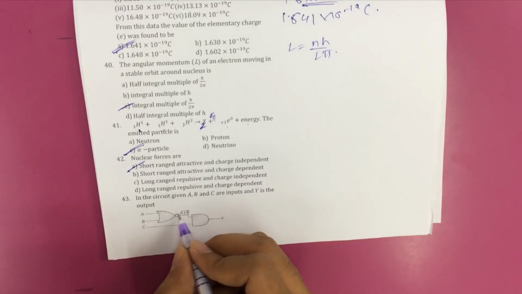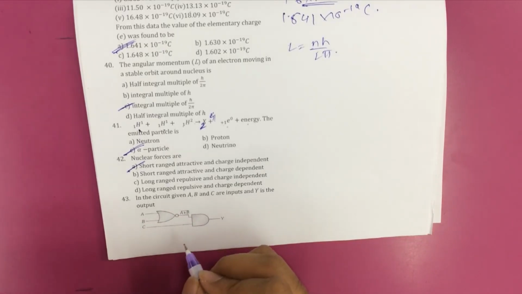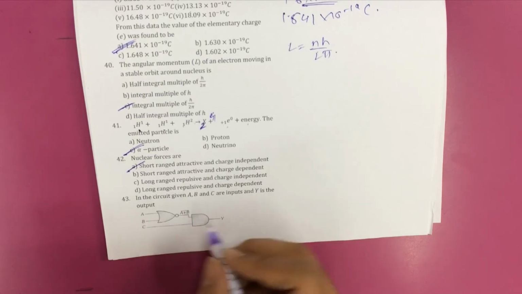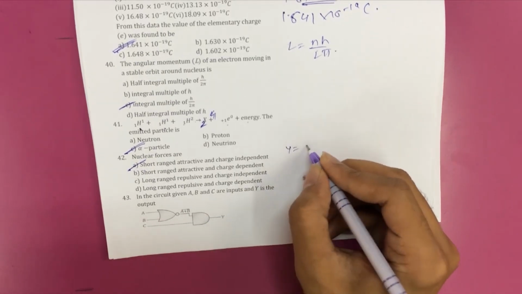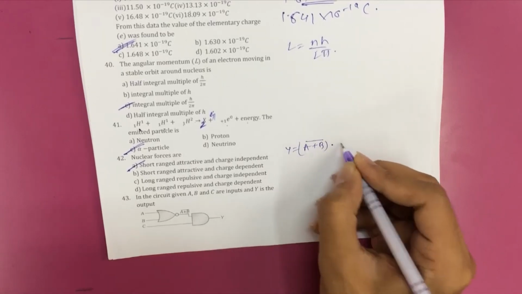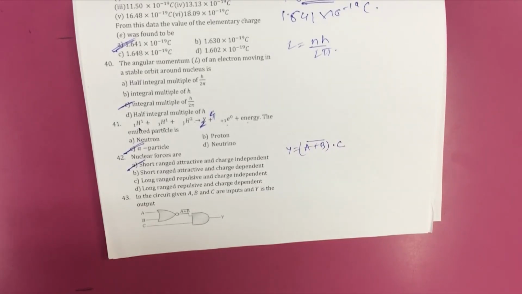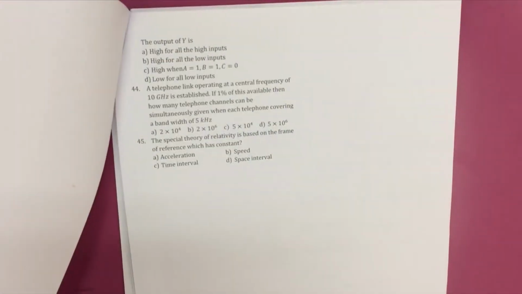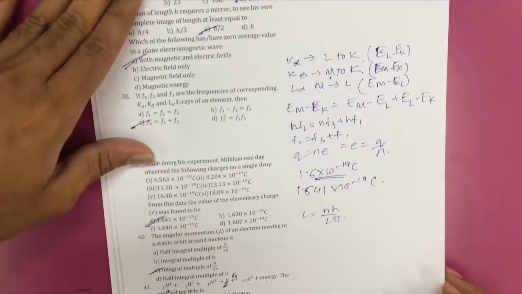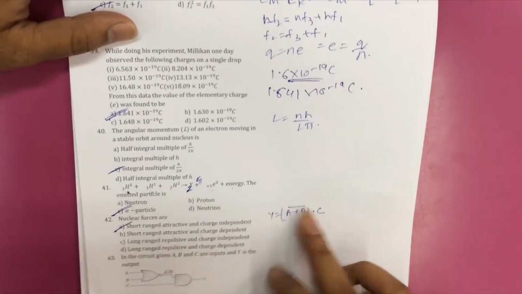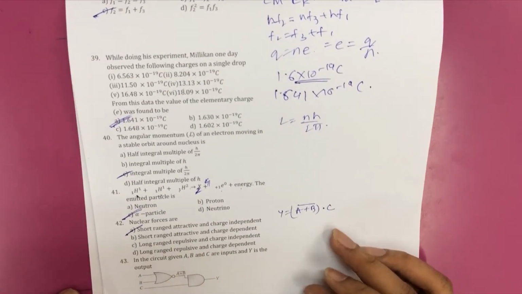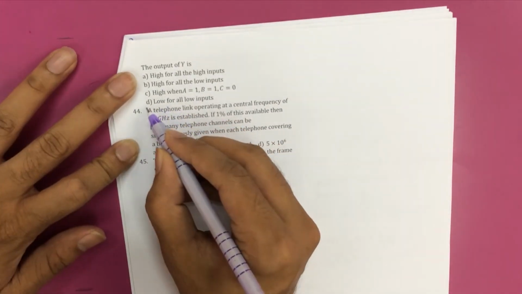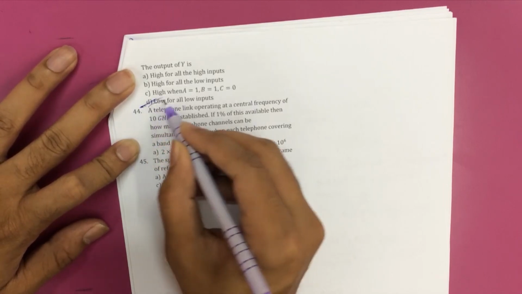Now question 43. In the circuit given below, A, B, C are the inputs and Y is the output. So we have to find what the output is. So A, B will become here (A plus B) the whole bar. C comes here. So in this AND gate we get Y equal to (A plus B) the whole bar dot C. Now we would have to make a truth table for this question.